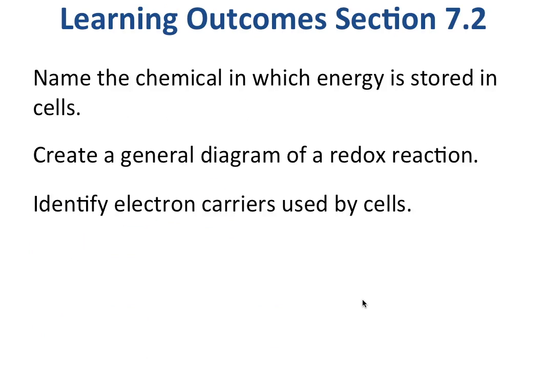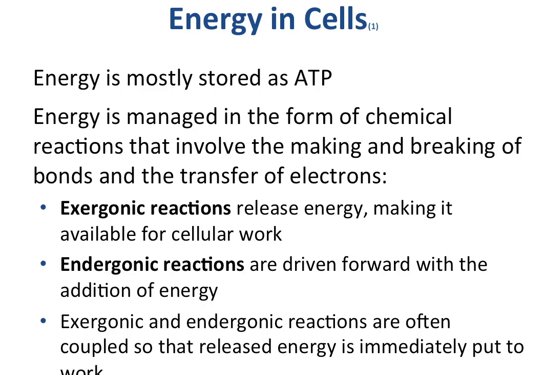So now let's work on section 2. So the energy. So in all the living organisms, most of the living organisms actually use ATP as a transporter of the energy. Okay, so the energy actually is stored as ATP. So the ATP can provide our cells energy.